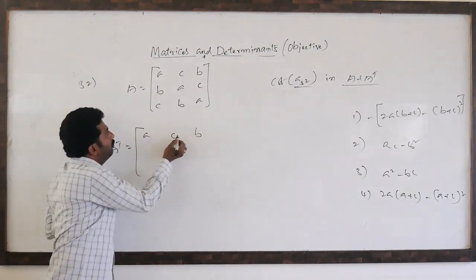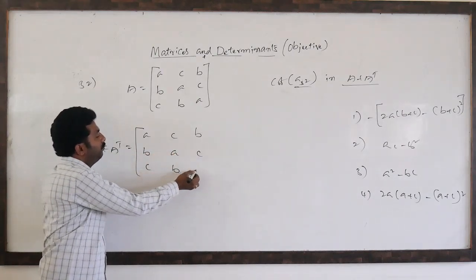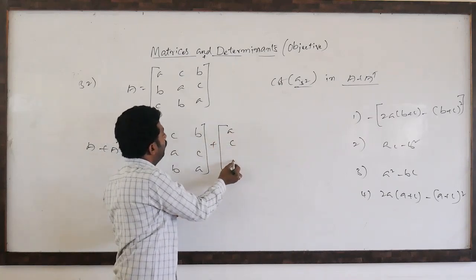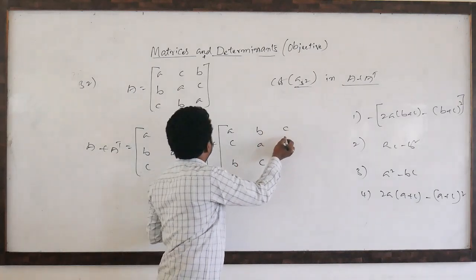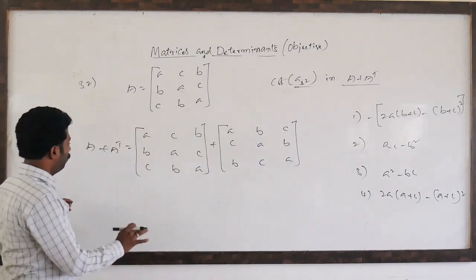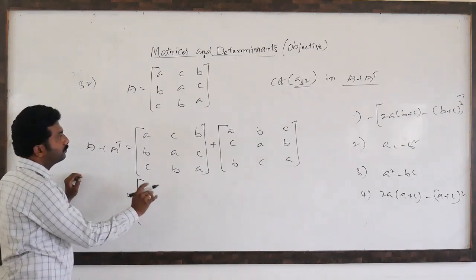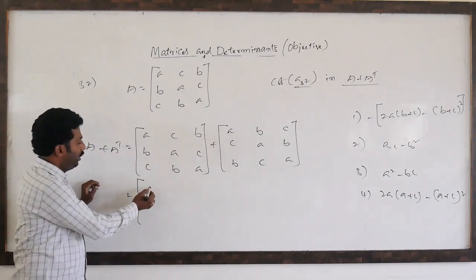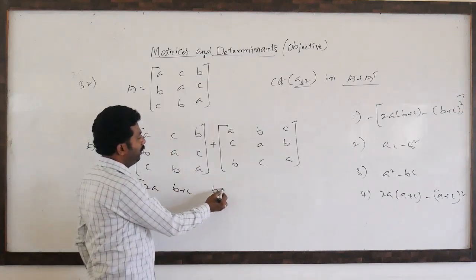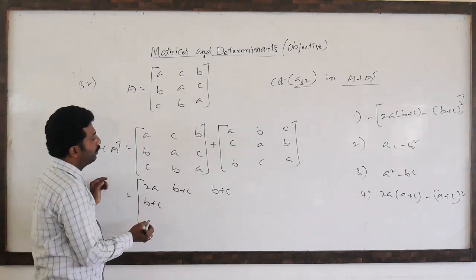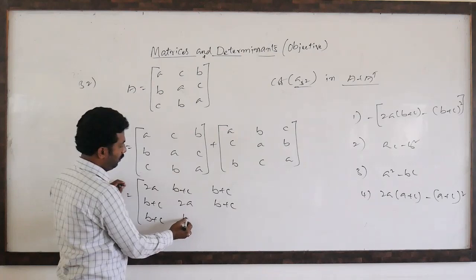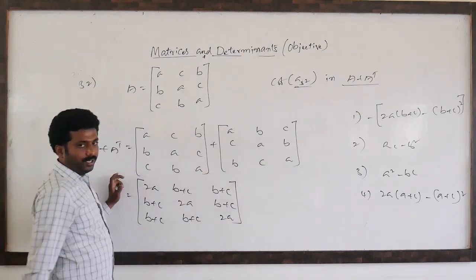This is A, C, B, B, A, C, C, B, A plus A transpose, where the first row becomes the first column: A, C, B, B, A, C, C, B, A. So A plus A transpose is 2A, B plus C, B plus C, then B plus C, 2A, B plus C, then B plus C, B plus C, 2A.